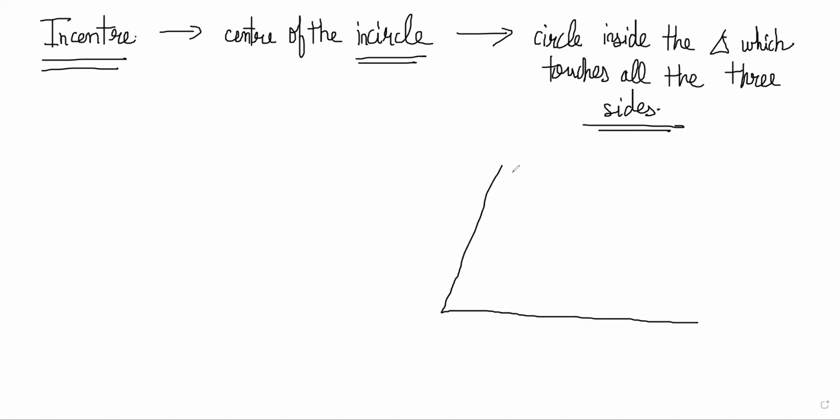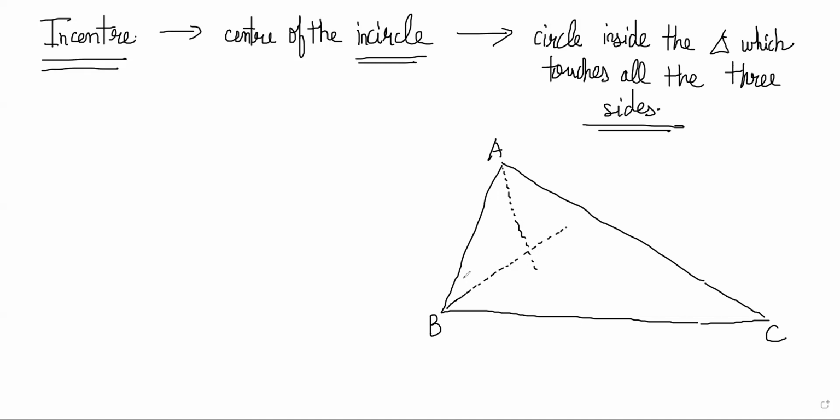And in order to find the incircle, you have to make internal angle bisectors. Why do you have to make internal angle bisectors? Why are internal angle bisectors giving us the center of this circle? Let's say this is bisecting. Why is this my incenter?